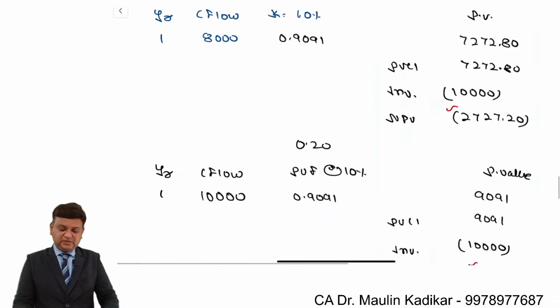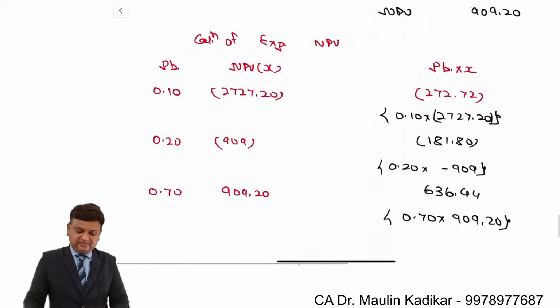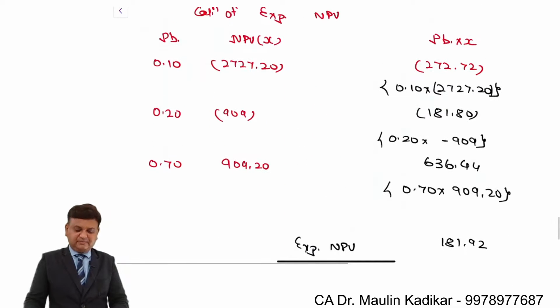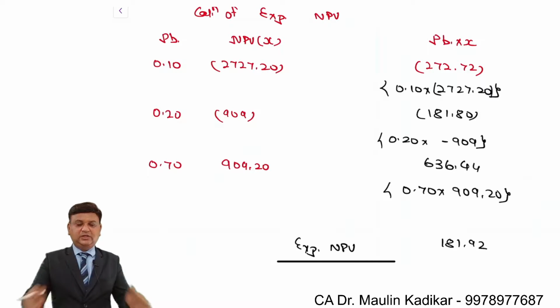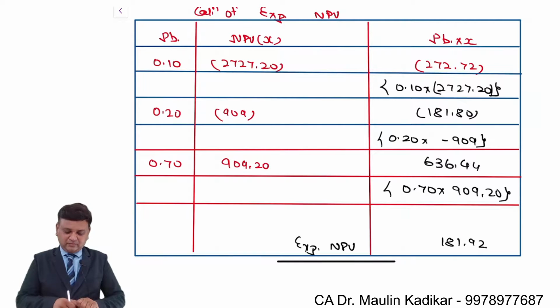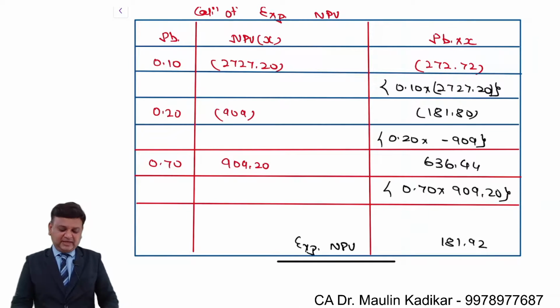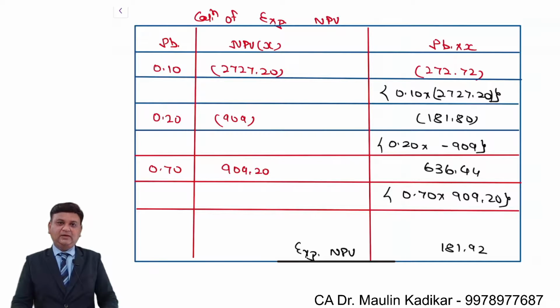Over here exactly it is matching, but sometimes it may happen that there will be a marginal difference. But doing the answer by either method is acceptable, and it will always give you the same answer. So we understand, friends, that we can compute the NPV by either method.